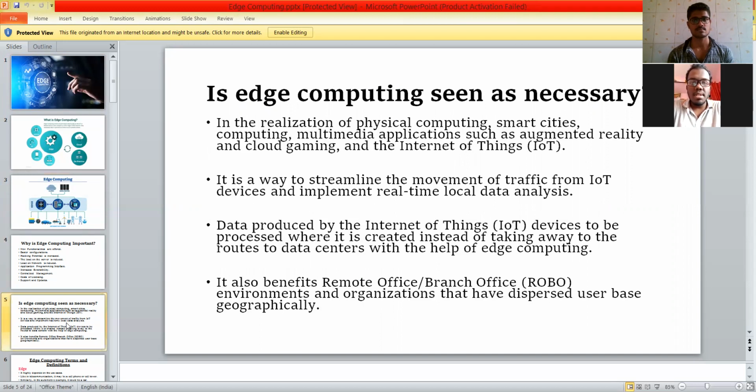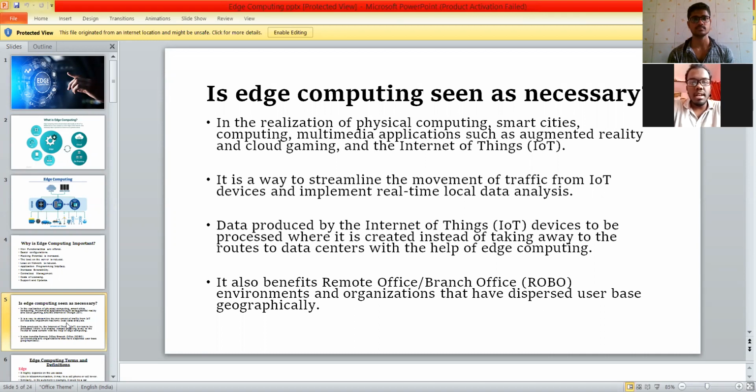Is edge computing seen as necessary in the realization of physical computing? It supports multimedia applications such as augmented reality, cloud gaming and the Internet of Things. It is a way to streamline the movement of traffic from IoT and implement real-time local data analysis.